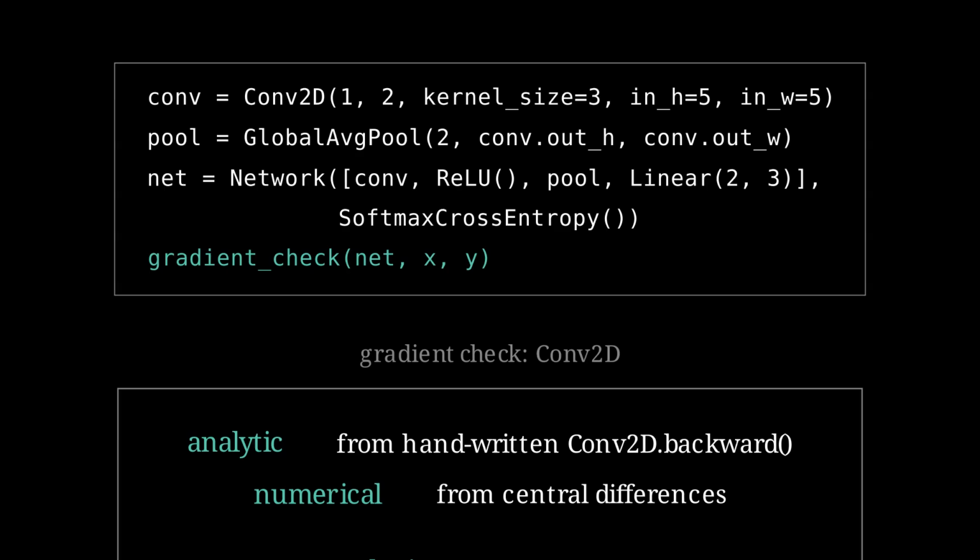It nudges each parameter a hair in both directions, measures how the loss actually moves, and compares that against the gradient our hand-written backward pass reported. And after all that accumulating in the backward pass, does it actually agree? It agrees to about 2 parts in 10 billion. The green card, one more time: our convolution is honest.